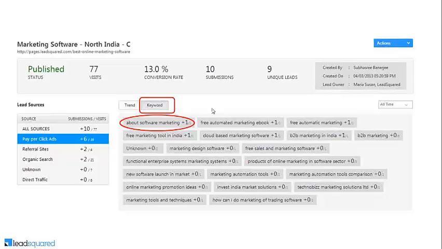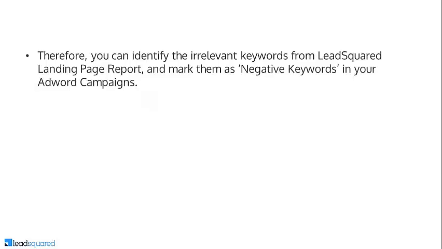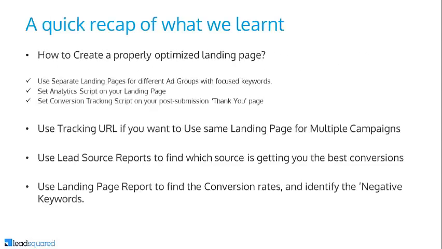So this makes it easy for you. Of course, you can identify the irrelevant keywords and mark them as negative keywords in your AdWord campaigns. So that is what you can do with the leads that you have collected using your Google AdWords campaigns. I'll do a quick recap of this last part of the webinar.